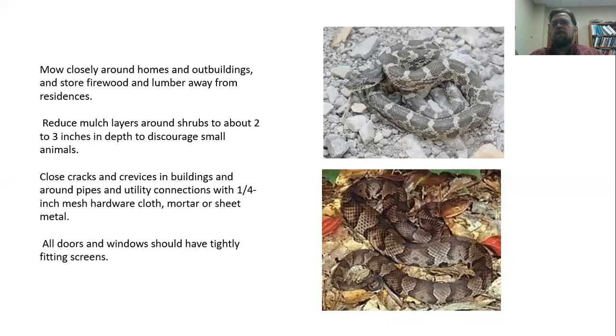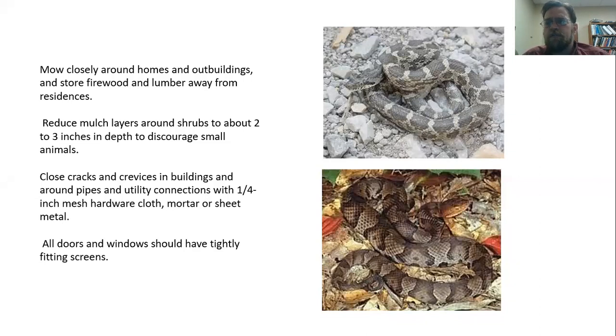If you do want to protect your area around your home or discourage snakes, one thing that works very effectively is to make sure you're mowing closely around your property. Store firewood away from the residences. That just removes any shelter sites for them. It doesn't give them a place where they want to hang out. Make sure that you're not over mulching in your landscape beds.